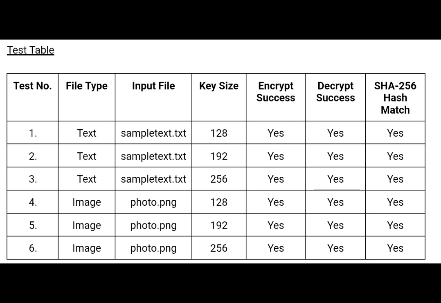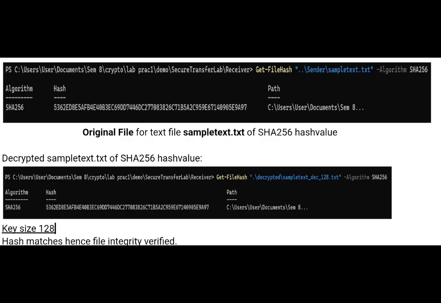So here, me and my friends have made a few more examples of encryption and decryption processes on different file formats, with a text file and a PNG file, and we use all three key sizes 128, 192, and 256, and both encryption and decryption processes are a success and verified using the SHA-256 hash algorithm, and both encryption and decryption hash values are the same.